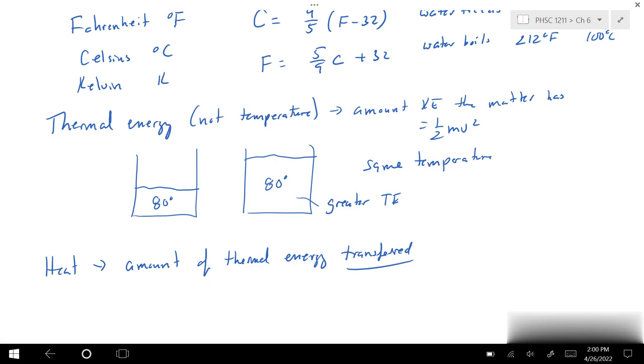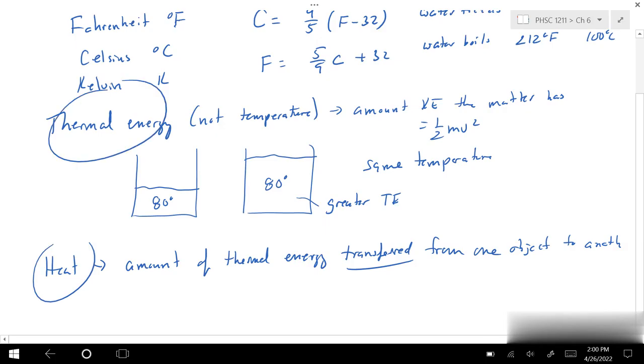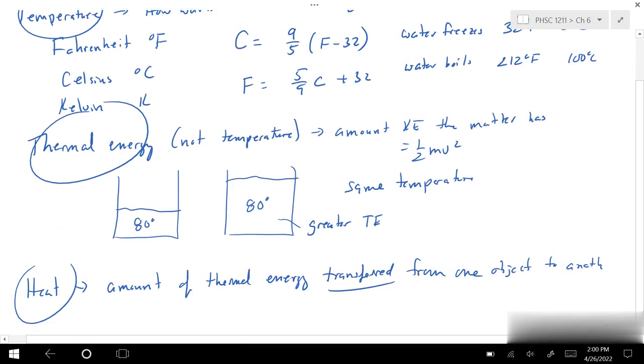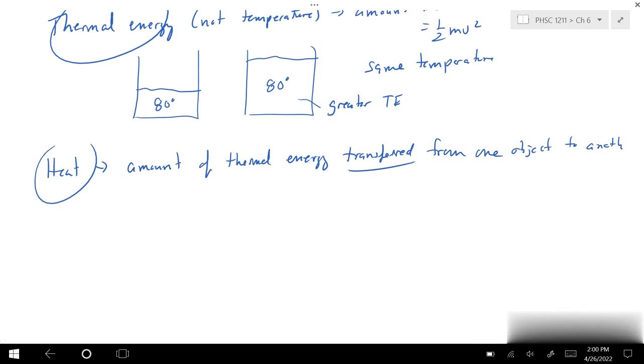When you heat water, you're taking the heat from the fire of your stove, if you have a gas stove, and you're transferring that to the water, causing the water to warm. So, transfer. These are going to be the three key words here, and we need to make sure we don't use them interchangeably or incorrectly.